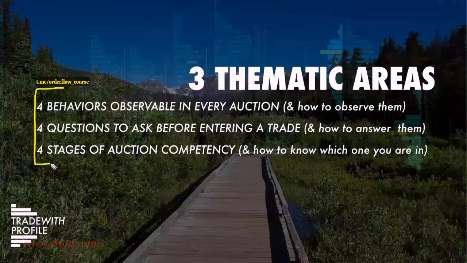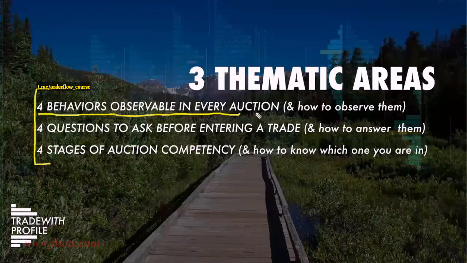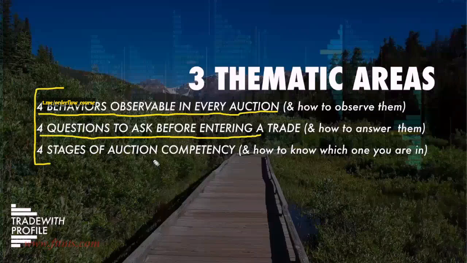One of those is diving in further around these 4 behaviors that we talked about in the prior module, and also the 4 questions and the 4 stages. Having seen it in the prior modules of this course, we get even much clearer on that, so you have full grasp from a stage 3, almost stage 4 competency.